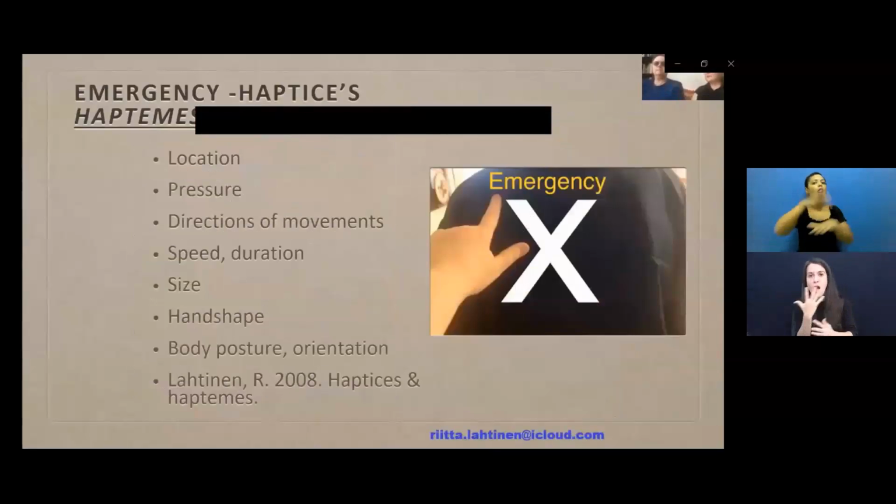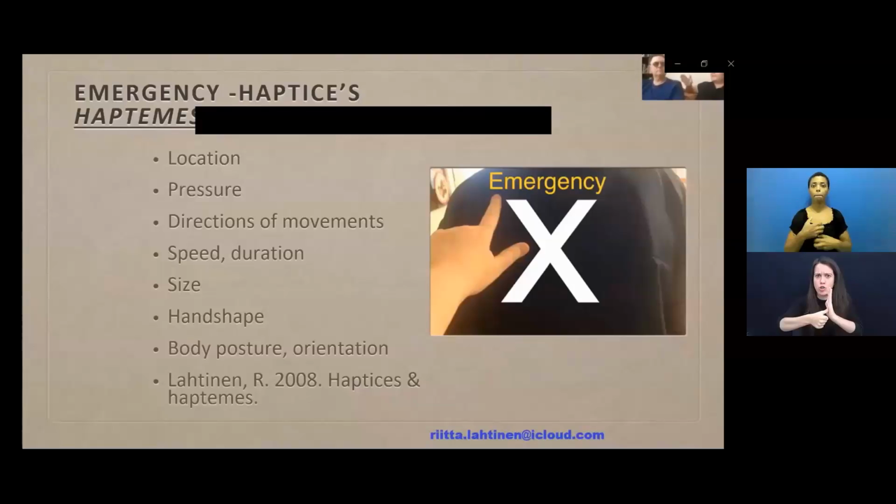This slide has a picture of the big cross emergency haptics made on the back. I'm just doing that on the arm now here. So this emergency haptic's grammar elements, haptemes, consist of the location, here on the picture made on the back, pressure, so Russ, you need to feel that, so it has to be normal or like heavy.